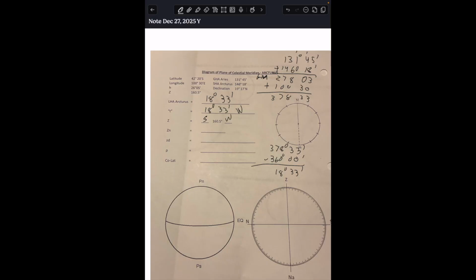So our true azimuth is going to be south 160.5 west, which is 180 plus 160.5, 340.5 degrees. Now our zenith distance is just our co-altitude, right?